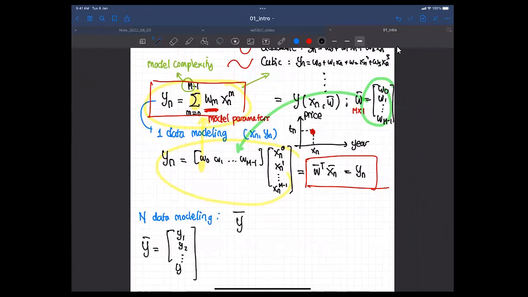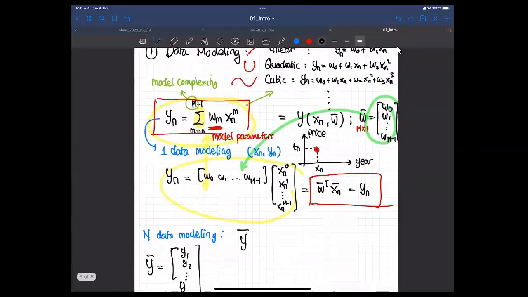This is talking about the sample index. It's not the dimensionality index. So be careful that there are two indexes here. One is for the sample index, and the other is for the complexity of your model.